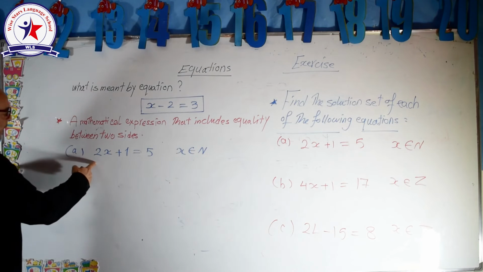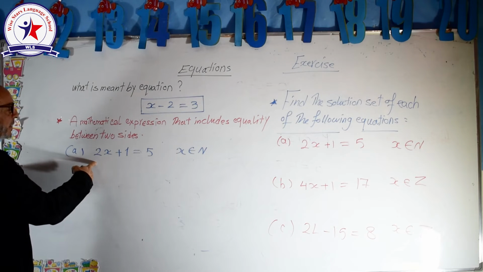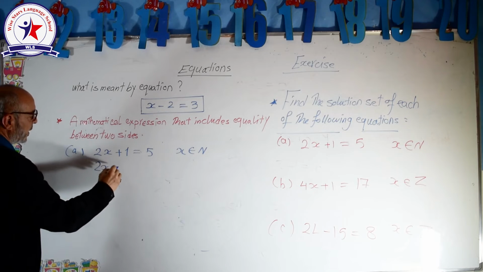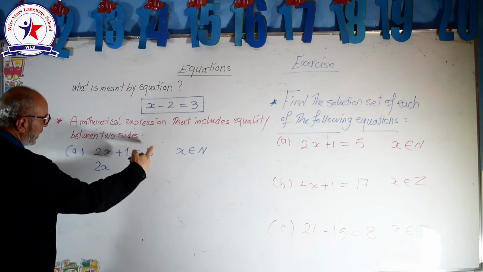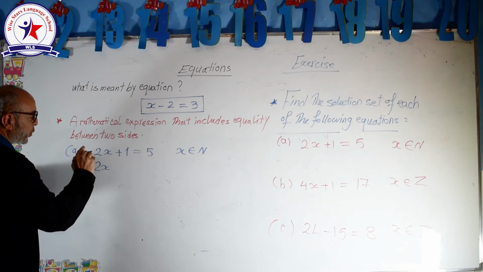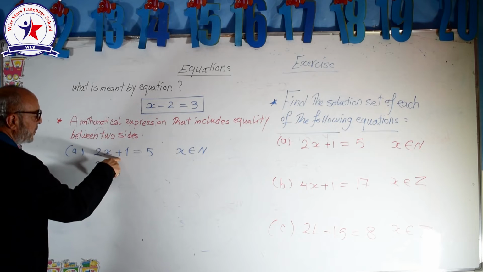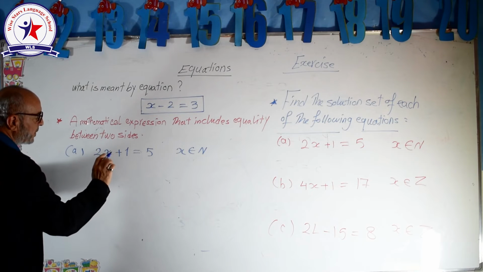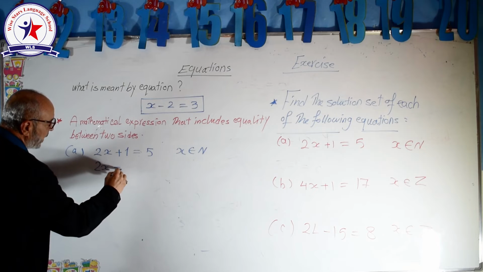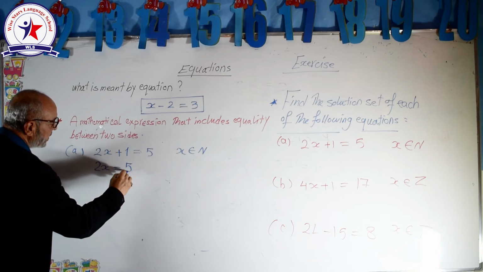How can you deal with this problem? First of all, with 2x, you move this to the other side. This is one choice, or you have another choice, to use the additive inverse of positive 1. Let us move this to the other side. 2x equals 5, as it is.